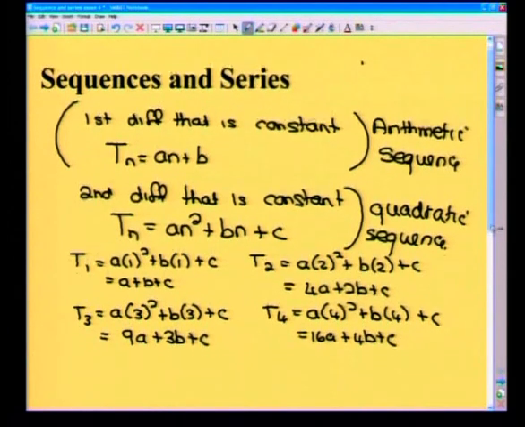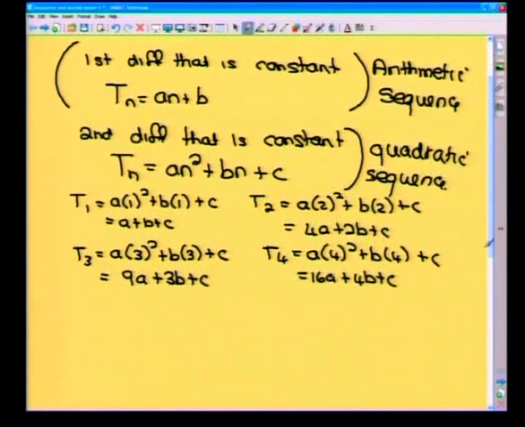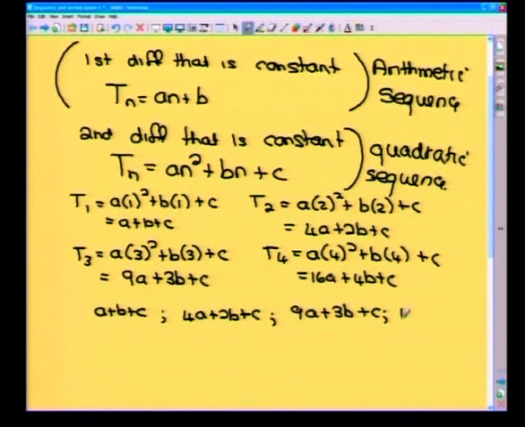Well, that's quite interesting, because now what have I got? I've got A plus B plus C being my term 1, 4A plus 2B plus C being term 2, and 9A plus 3B plus C being term 3, and 16A plus 4B plus C being term 4. So that's term number 1, term number 2, term number 3, and term number 4.